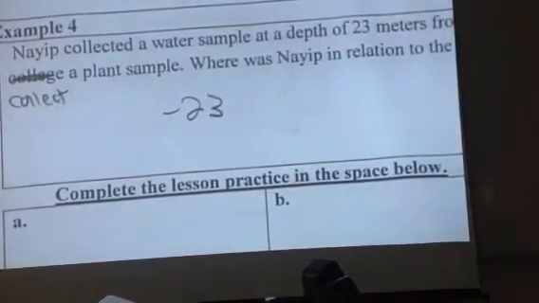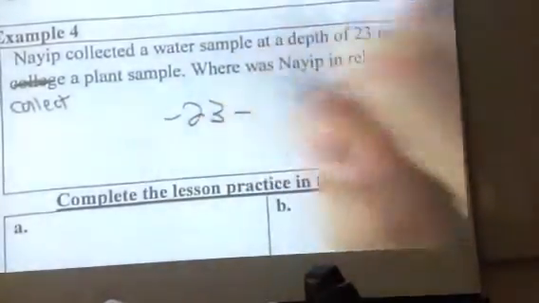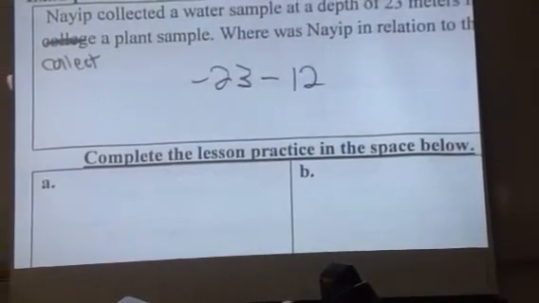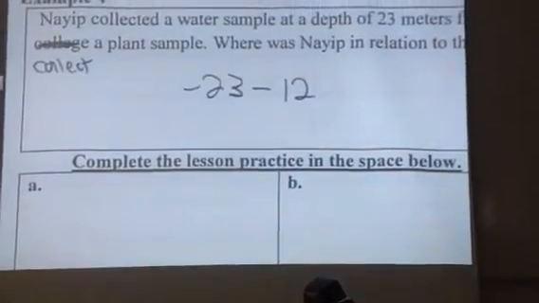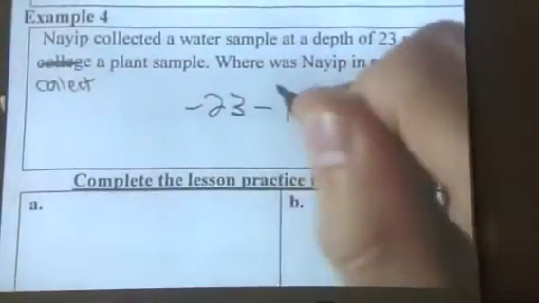He descended. He went down another 12 meters. So if he went down, a way you could show that with an operation is subtraction. So he went down another 12 meters. So now I've got -23 minus 12. That's going to tell me where he was in relation to the surface when he retrieved that plant sample. So, -23 minus 12. I've got subtraction.